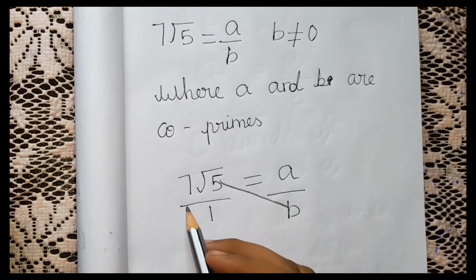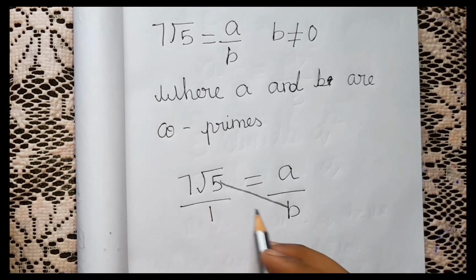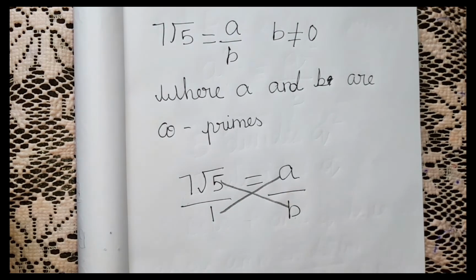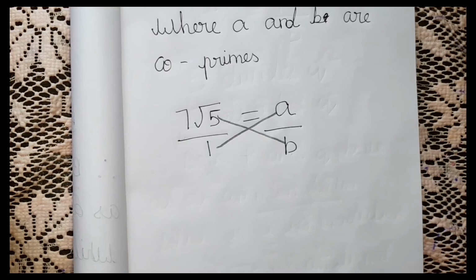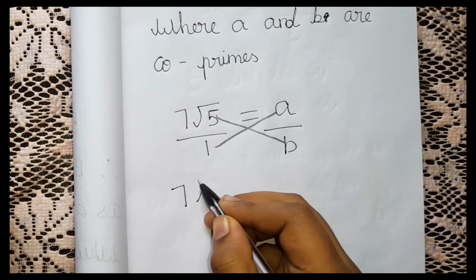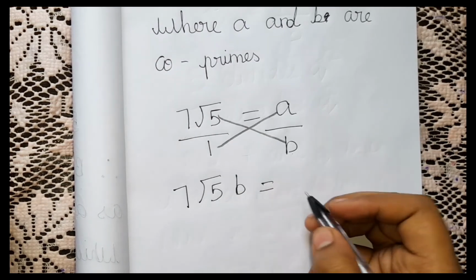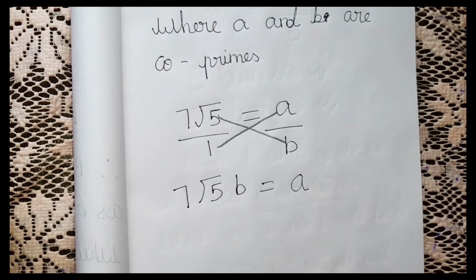So we are cross multiplying 7 root 5 into b, and 1 into a. When we cross multiply, 7 root 5 b is equal to 1 into a, which is a. Okay. So we got it.